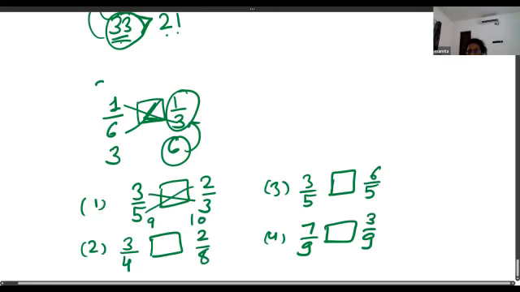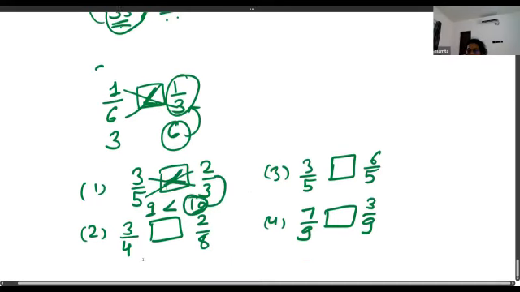Yes, 10 is larger. If I compare the cross multiplication, 10 is larger. So the corresponding fraction of 10 is 2 by 3. So 2 by 3 is larger. Understood?